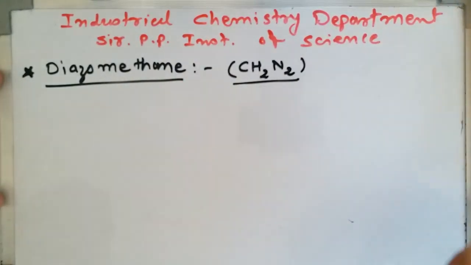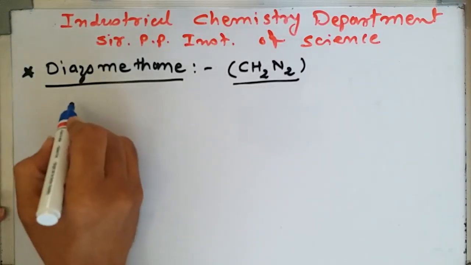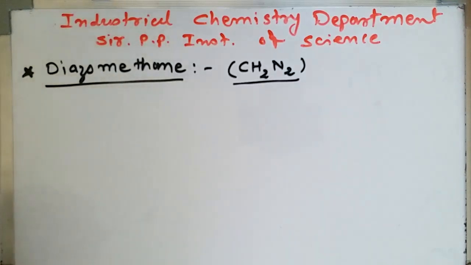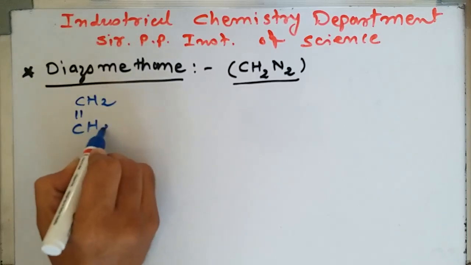With the help of diazomethane, we synthesize some heterocyclic compounds. Pyrazoline and pyrazole derivatives are prepared by the condensation of ethylenic and acetylenic compounds with diazomethane. Ethylenic, CH2 double bond CH2.